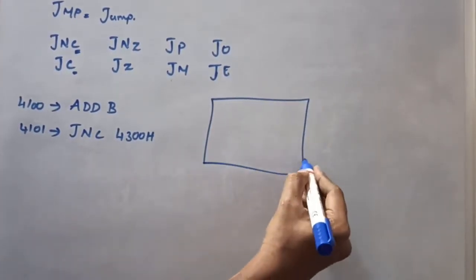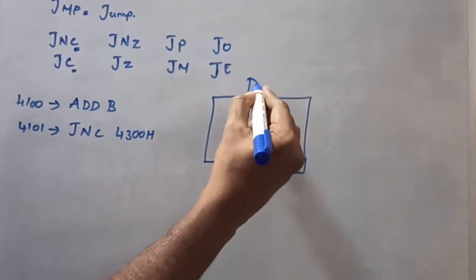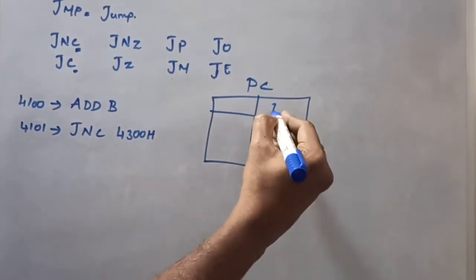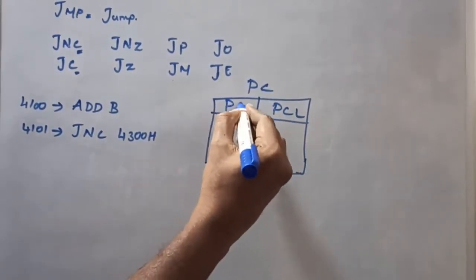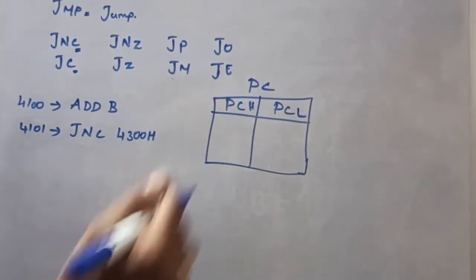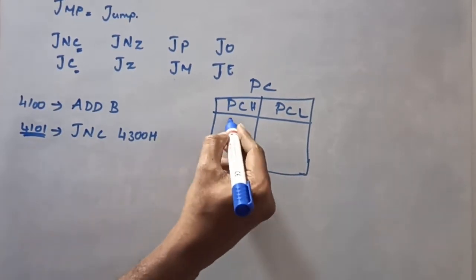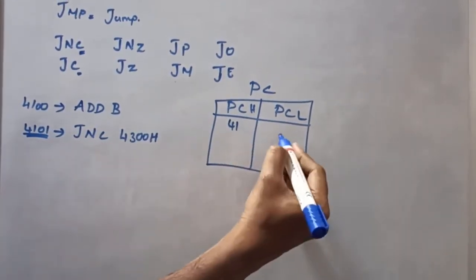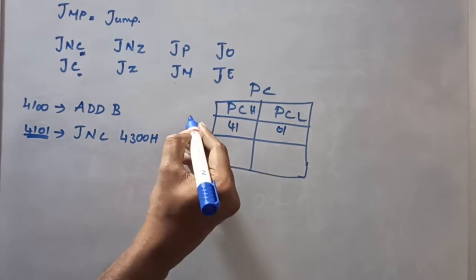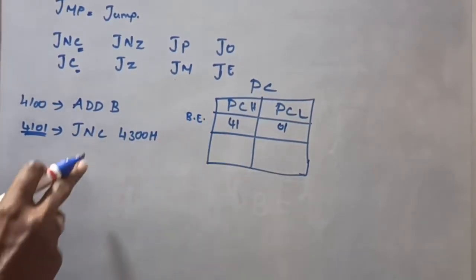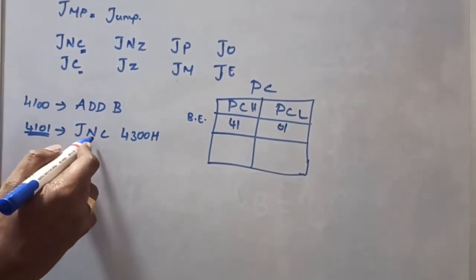Before execution of this instruction, the program counter higher address is 41, lower address is 01. After execution, just check the condition.